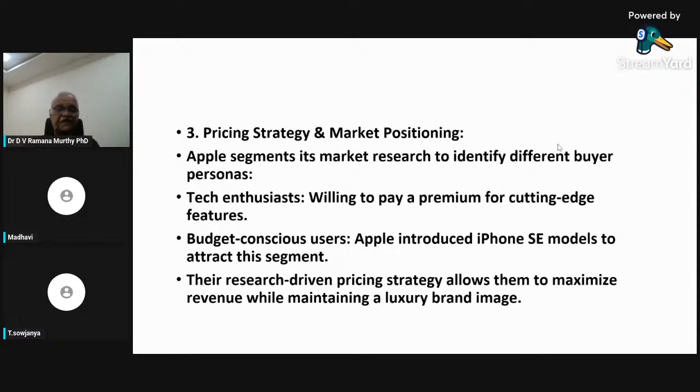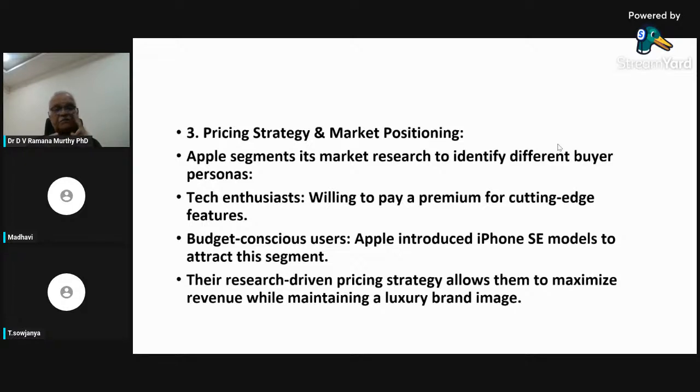So tech enthusiasts, see, they have categorized the customer class into different types. One is tech enthusiasts, those people who are very well versed with cutting edge technology knowledge. So they are willing to pay a premium for extremely good features of advanced phones as such.